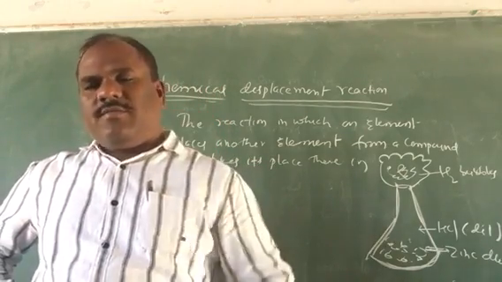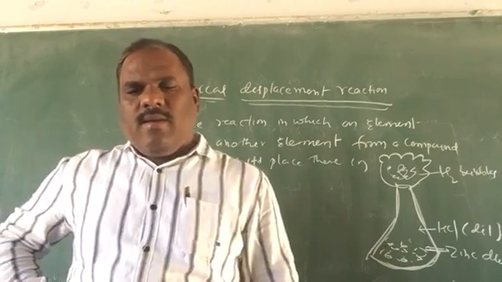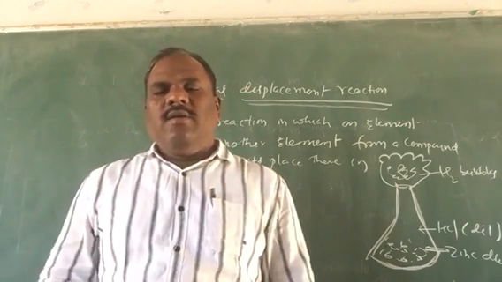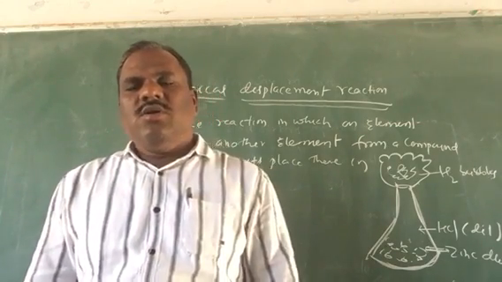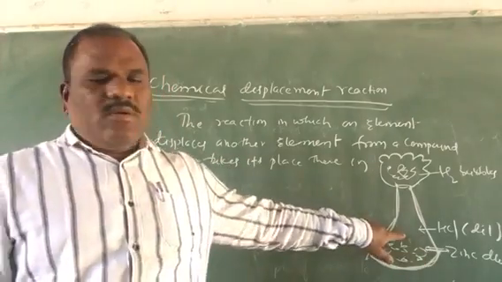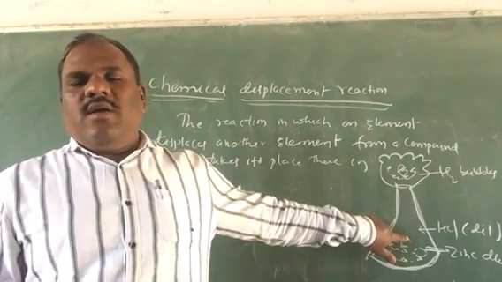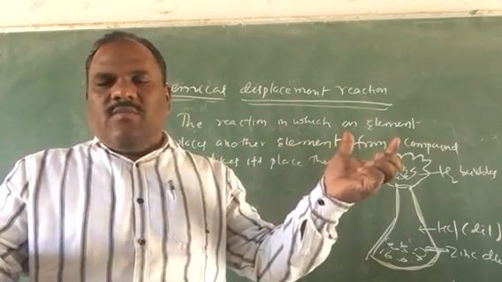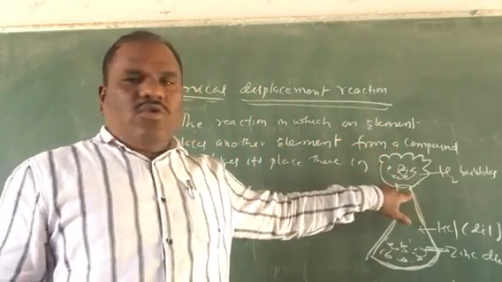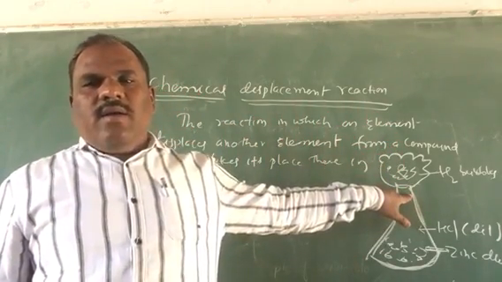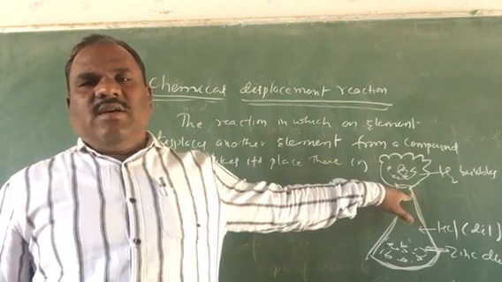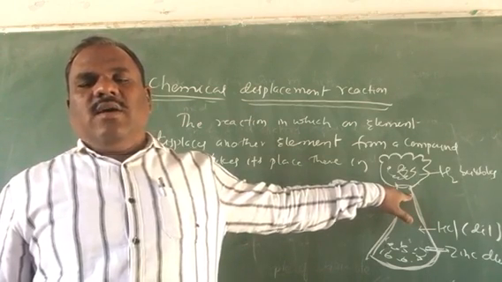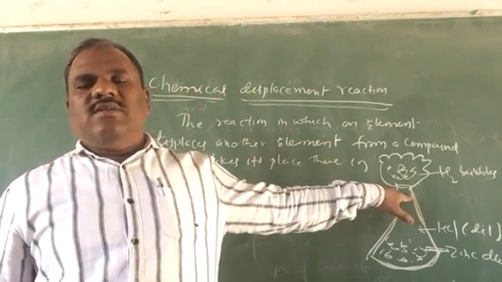What do you observe, children? We can observe gas bubbles coming out from the solution and the balloon bulges out, becoming big in size, as shown in the figure. Zinc reacts with dilute hydrochloric acid and liberates hydrogen gas.